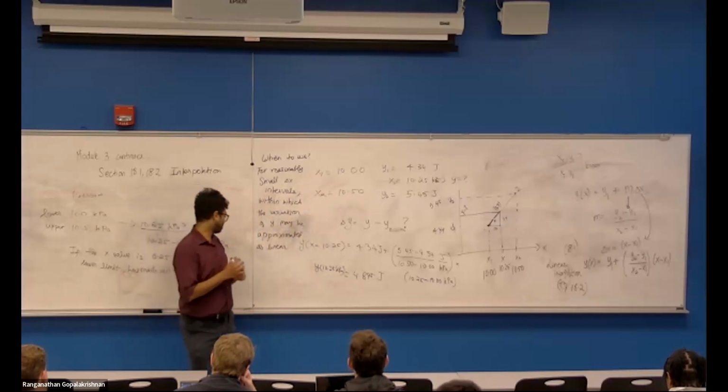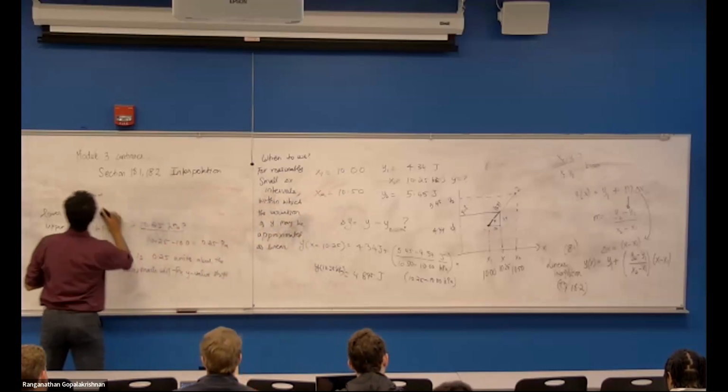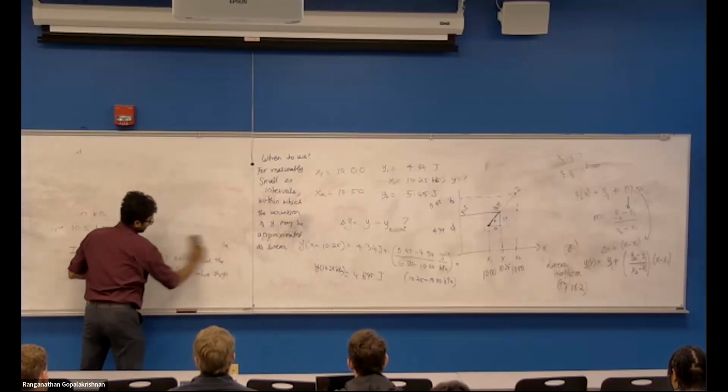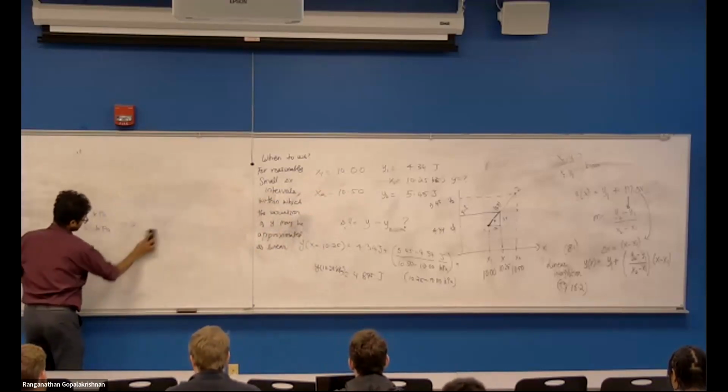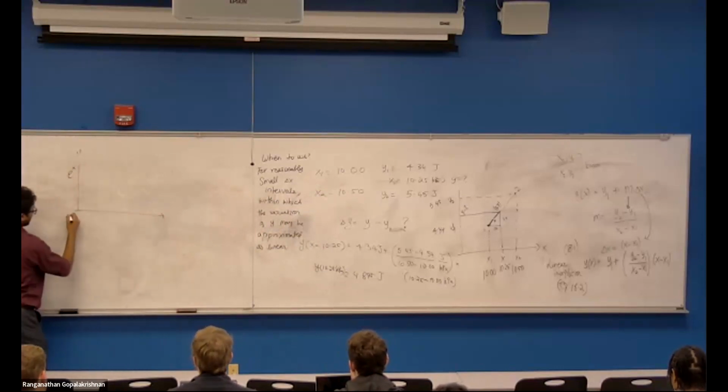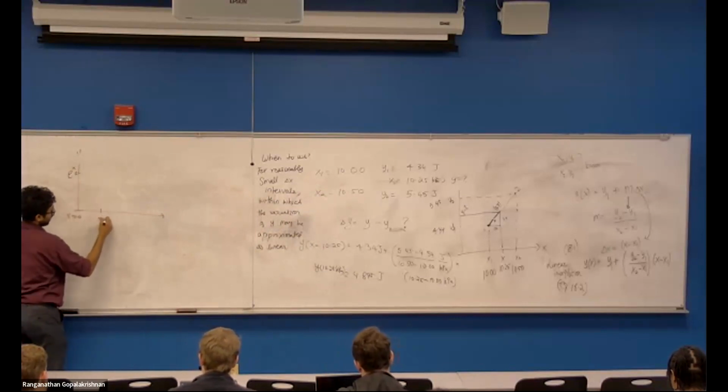I'll give you one example. Try to take the function exponent of x and see what happens. At x equal to 0, this is 1. What happens at x equals 1?